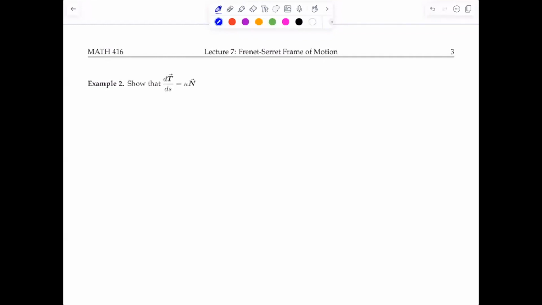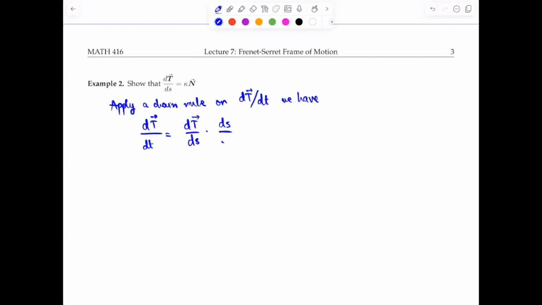So apply the chain rule on the vector dT/dt. We have that dT/dt equals dT/ds times ds/dt.